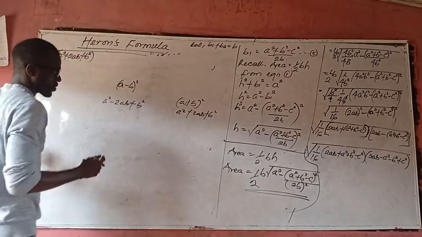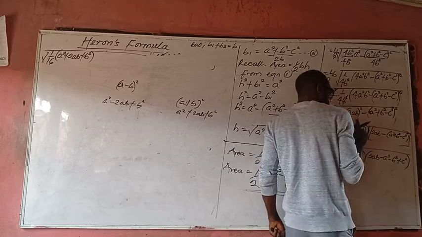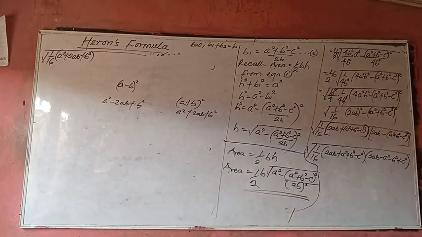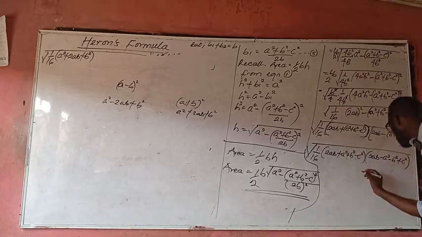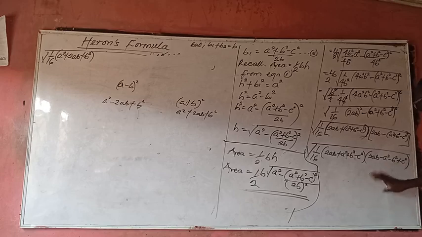Make sense? Then that one too, I can write it, but this one is negative. So you know what I will do? I will rearrange it in such a way that if I rearrange this here to become 2ab minus open bracket, or no, let's put c squared first.